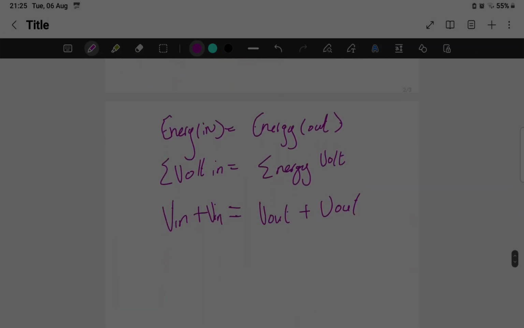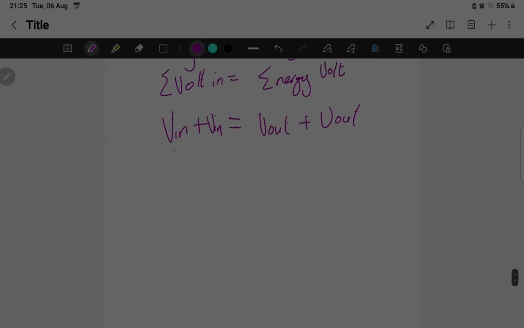So what we're going to have is our voltage in, which is 110, remember, the biggest voltage, right? And then we have negative resistance of 0.2.